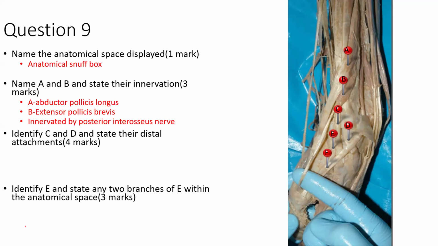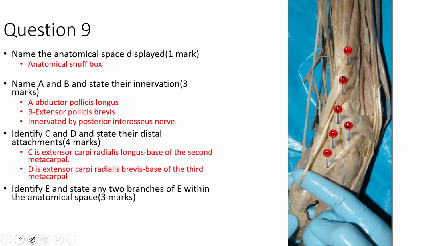C is attached to the base of the second metacarpal, whereas D is attached to the base of the third metacarpal, okay? So C is extensor carpi radialis longus, base of the second, and D is extensor carpi radialis brevis, base of the third.